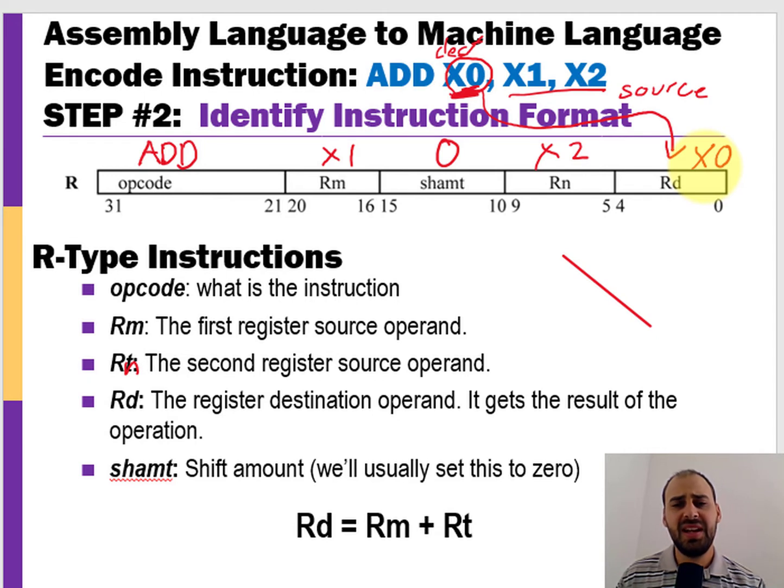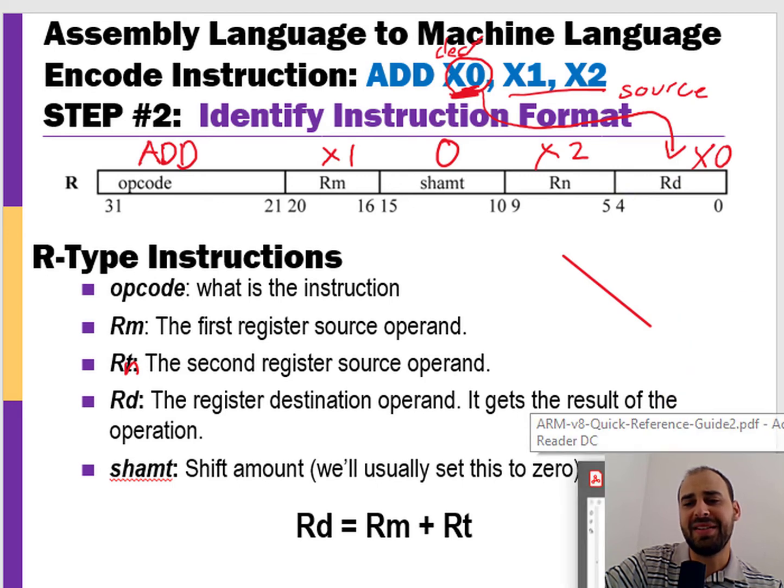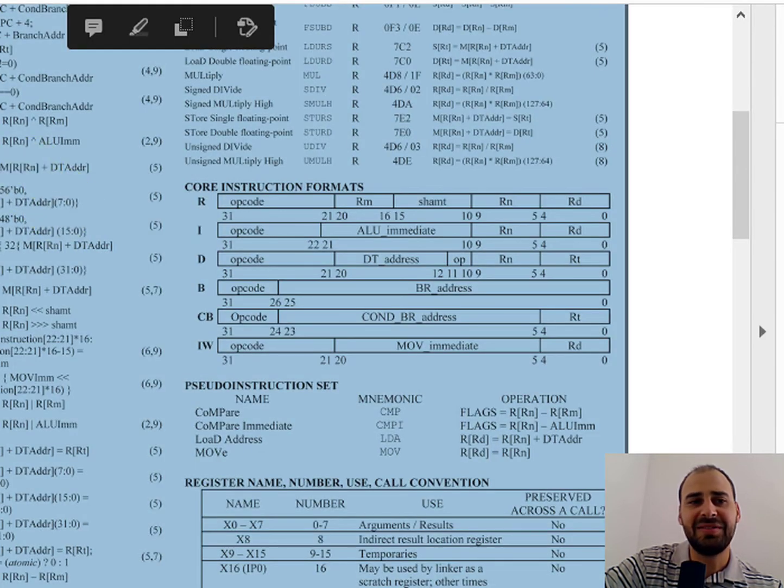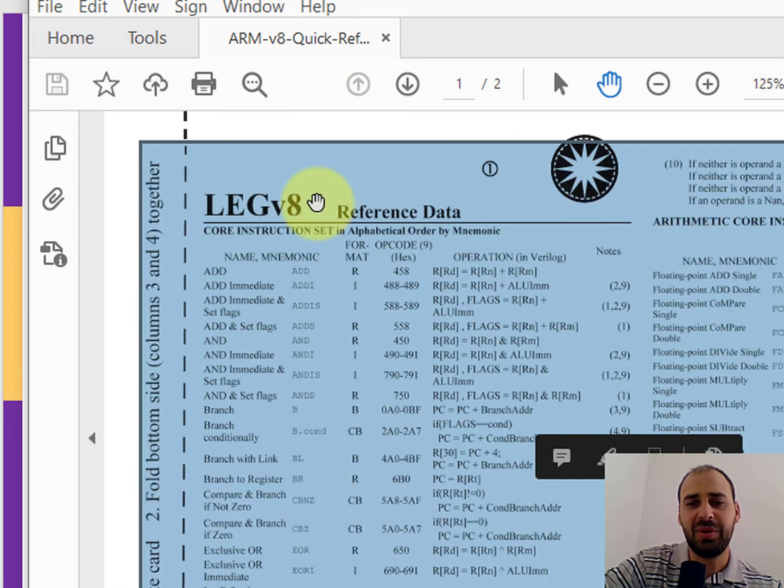Now, I want to mention something. I talked about how the destination register here is actually the one that's the furthest to the right in bits. Here's how you can avoid making a mistake where you put it in the wrong order, and avoid having to memorize stuff but instead find the information on your own, which I think is really important.